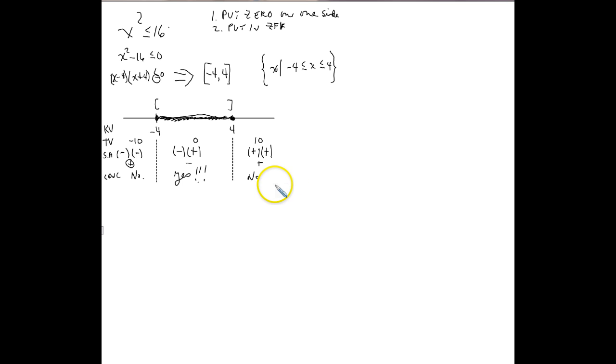Okay, so the key is here, let's review this. One, find your key values where possible by finding zeros on the left side after you've solved it for 0 on one side.